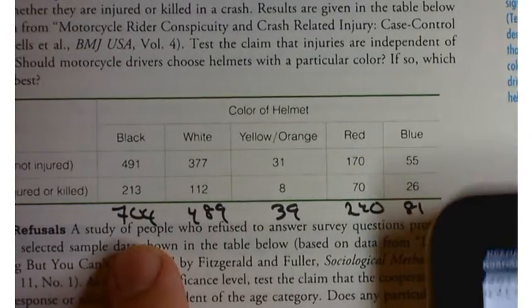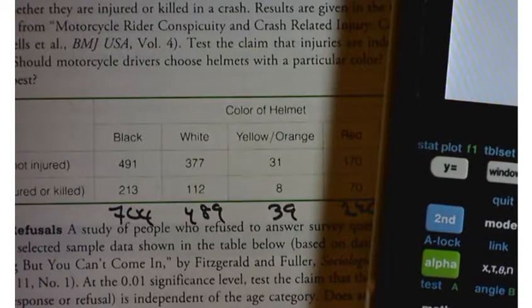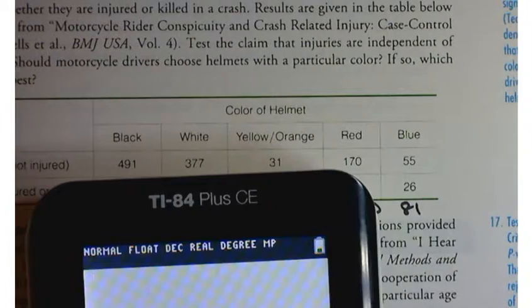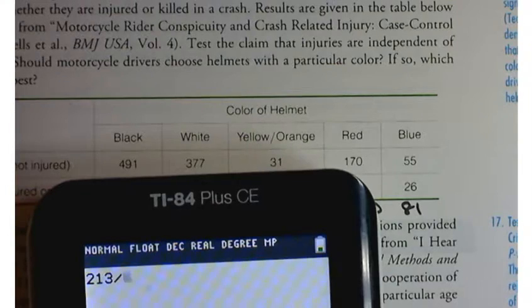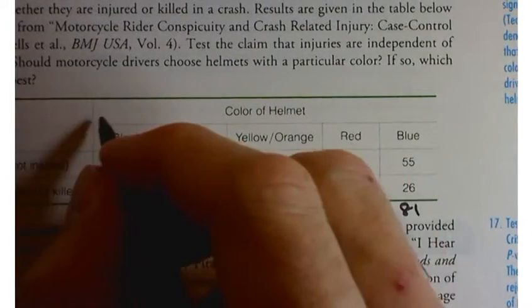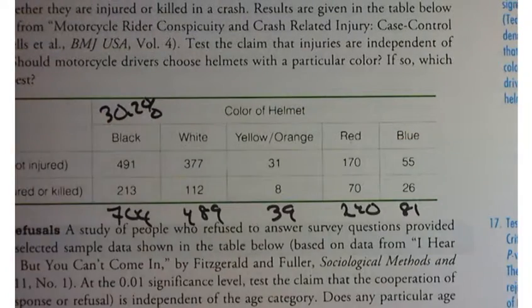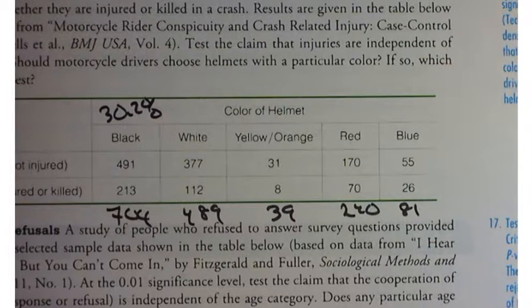So 213 divided by 704 is 30.2%. And then 112 divided by 489 is 22.9%.